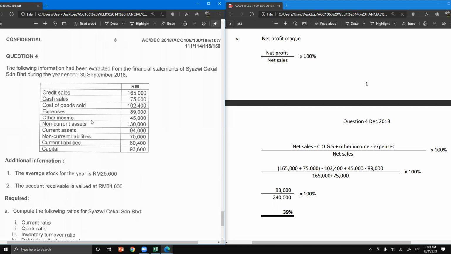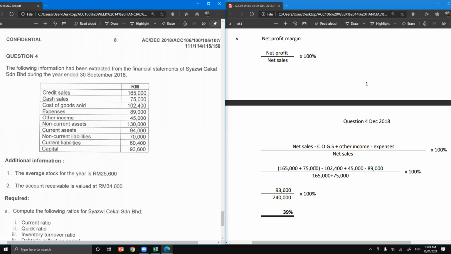Other income is equivalent to 45,000, and then minus expenses equal to 89,000 ringgit.